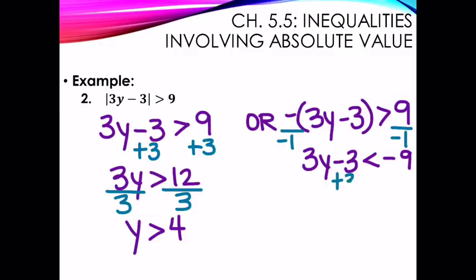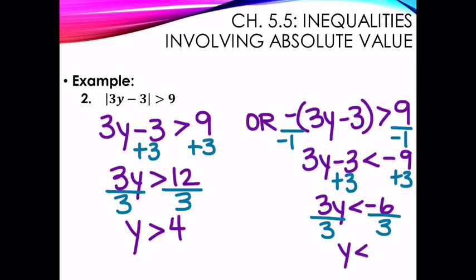So we're going to add 3 to both sides. And this will give me 3y is less than -9 plus 3, which will be -6. We're going to divide by 3 on both sides. So y will be less than -6 divided by 3, which is -2.